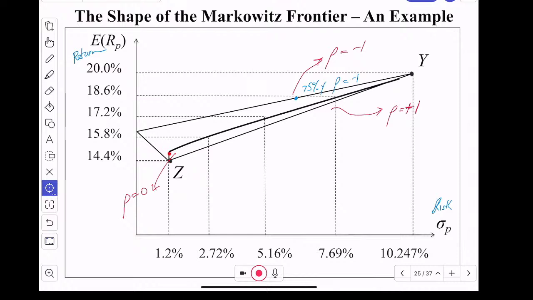Now there's a few here that we're going to talk about as well. We're going to talk about these in a moment. What do we say about these ones here, these combinations? And then this is where correlation is perfectly positively 1. There is no diversification, but this is showing you all the possible combinations.